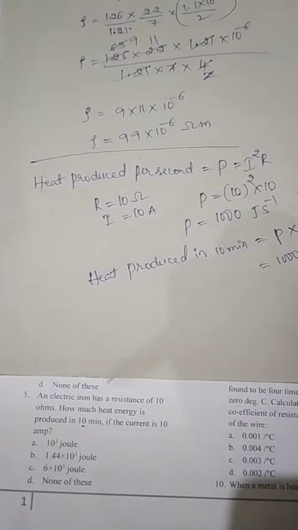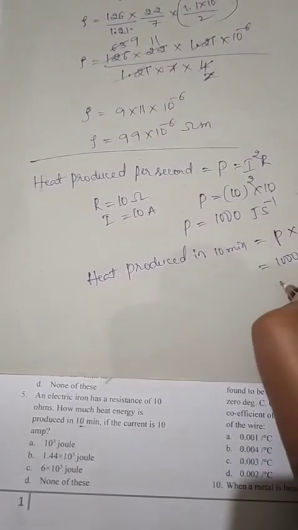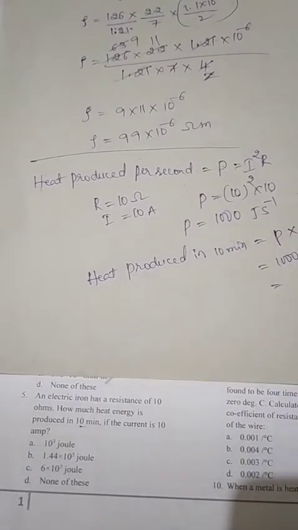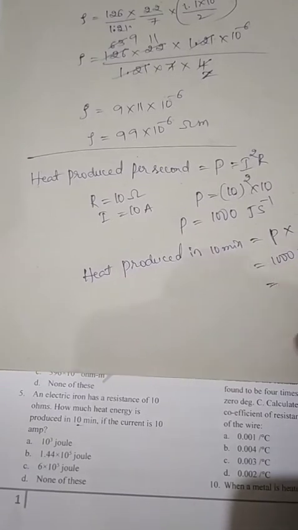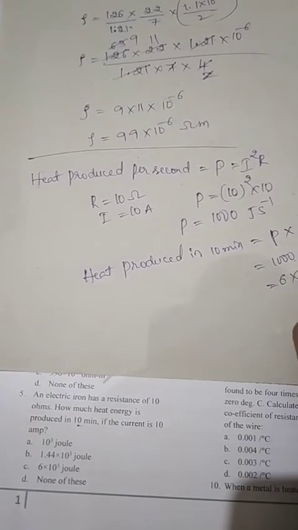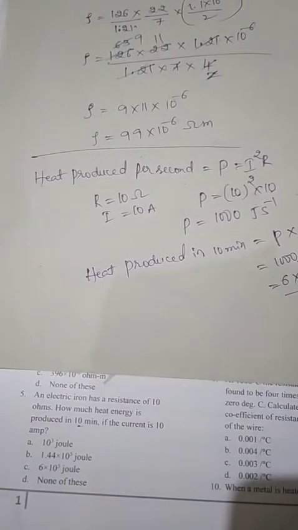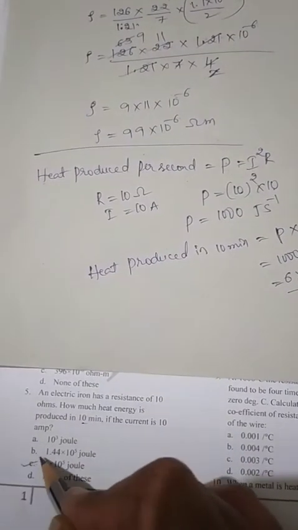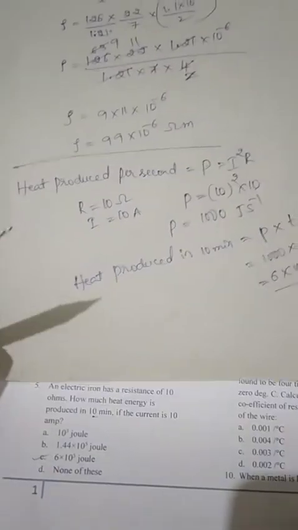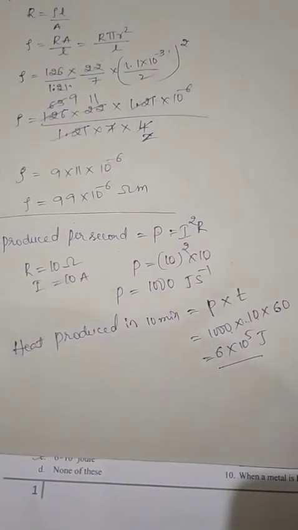Minute will be converted into second with 60. That will be equal to 6 ones are 6, 6 ones are 6. Here 3 zeros, 4, 5 into 10 power 5 joule. Heat produced in 10 minutes will be 6 into 10 power 5 joule. Option will be option C. Answer should be like this.